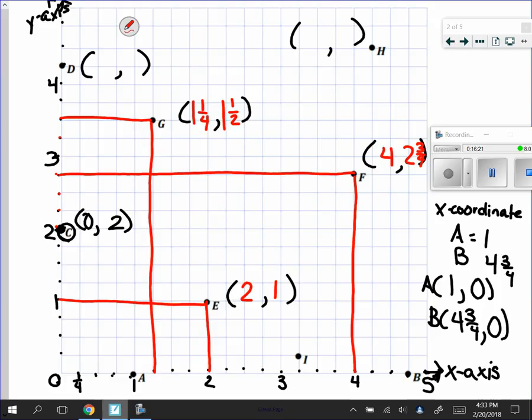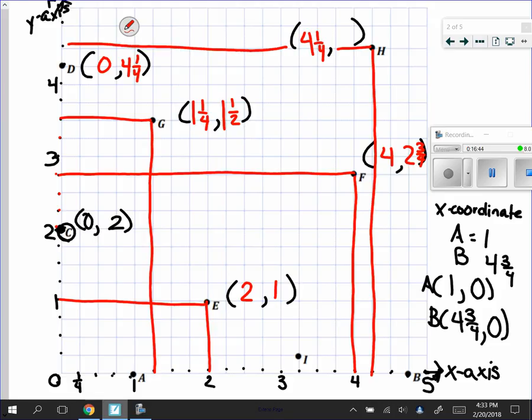You should have 0, 4, 1/4. And then H, 4 and 1/4. And let's see, we've got 4, 4 and 1/4, 4 and 2/4, which is 4 and 1/2.